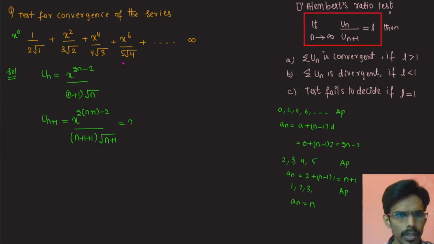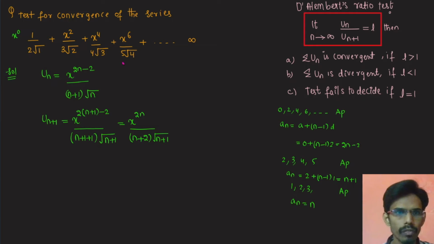So this will be x power of 2n, since 2 into 1 is 2 and 2 minus 2 is 0, divided by n plus 2 into root of n plus 1.